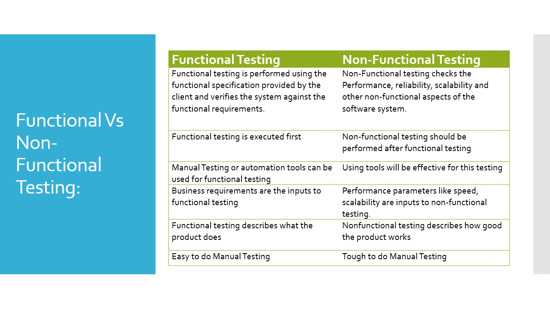Functional testing describes what the product does, while non-functional testing describes how well the product works. So the last difference is that functional testing is easy to do manually, while non-functional testing is very tough to do manually.